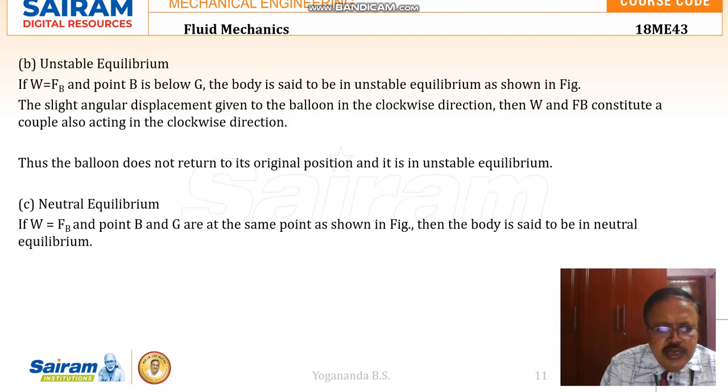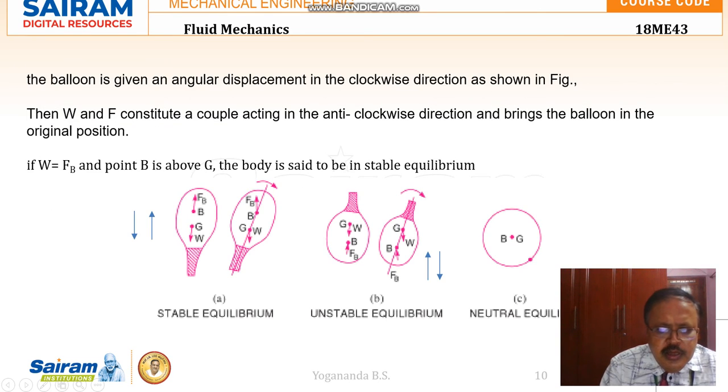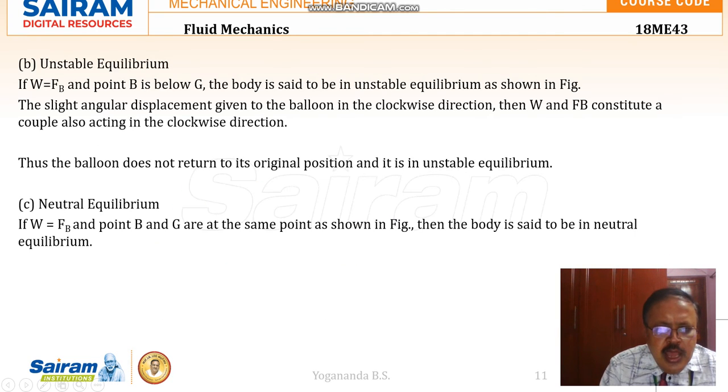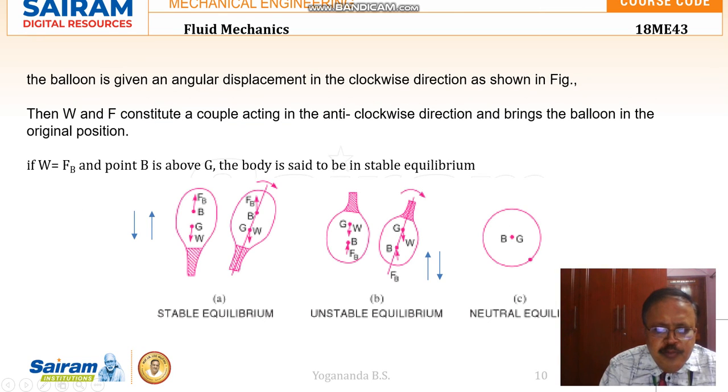Then neutral equilibrium. If W is equal to FB, that is, the weight of the body and the buoyancy force are equal and opposite to each other, and if B and G are lying on the same point, then the body will be in neutral equilibrium.